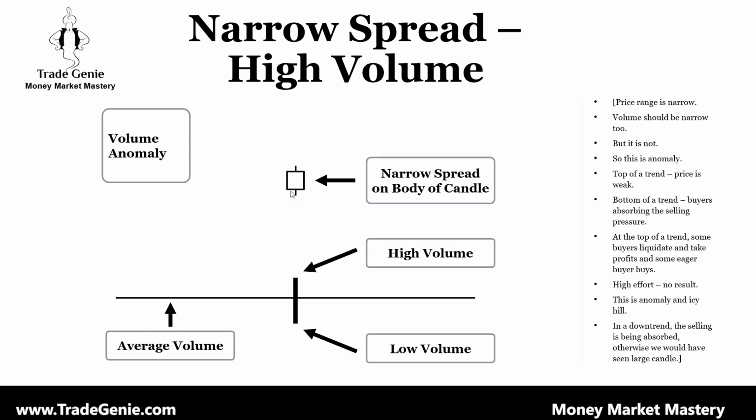It means there were buyers here, and all the sellers got absorbed by the buyers. So you wait for another one day of confirmation, and then you look for the move up. That is your entry, because you know that all the sellers were absorbed.